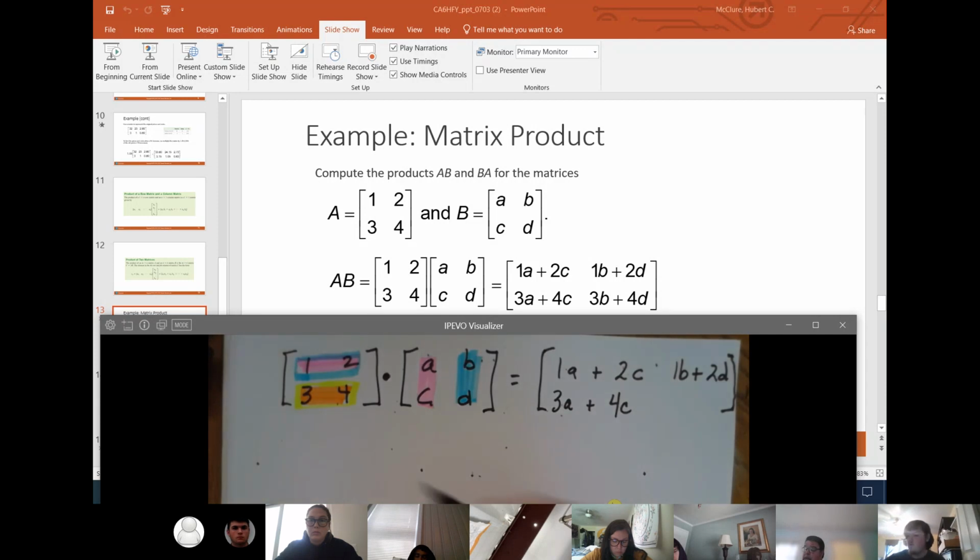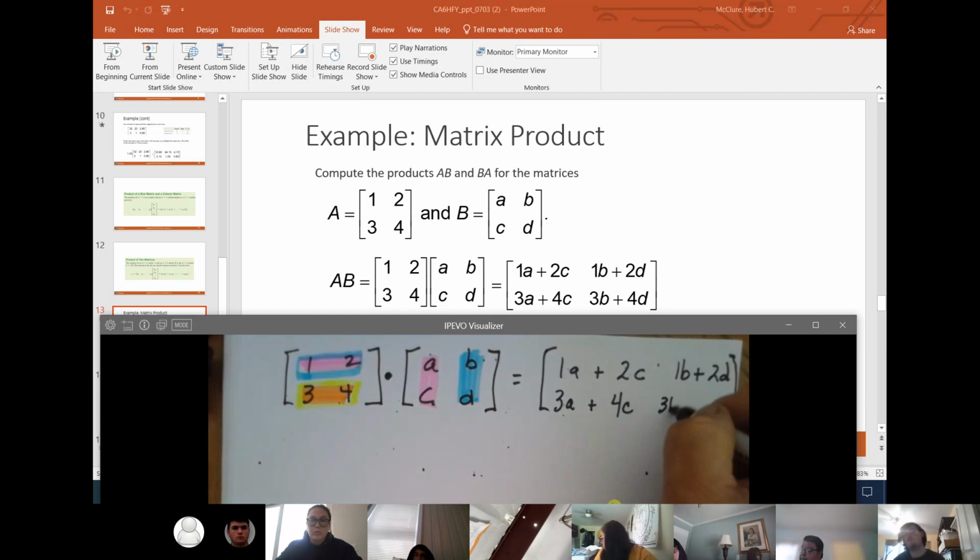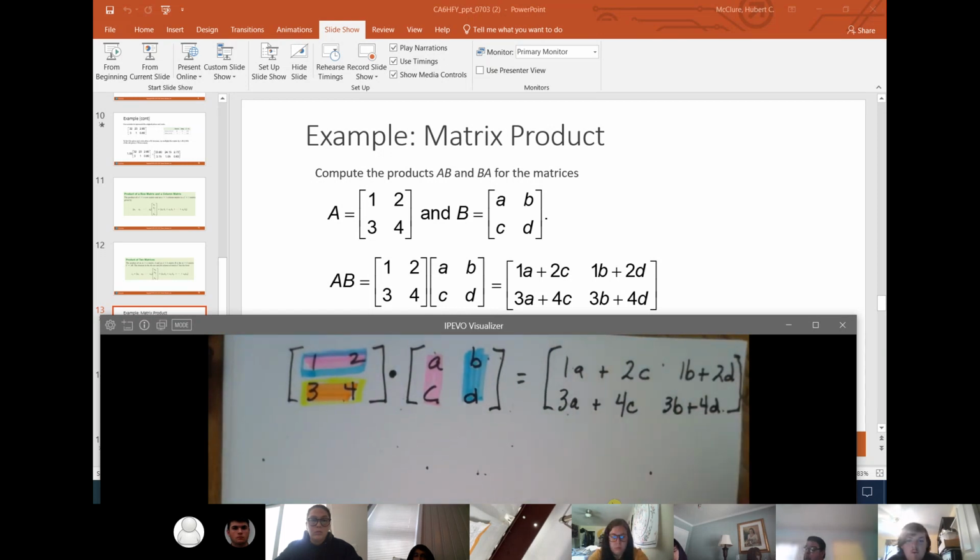And that's going to be 3B plus 4D. And hopefully you see that.